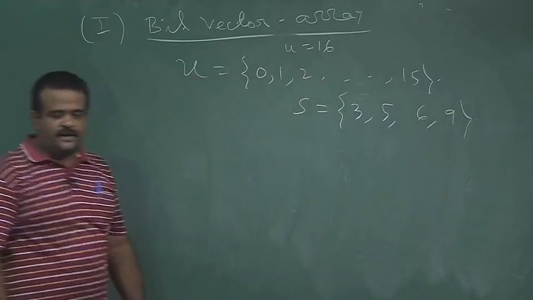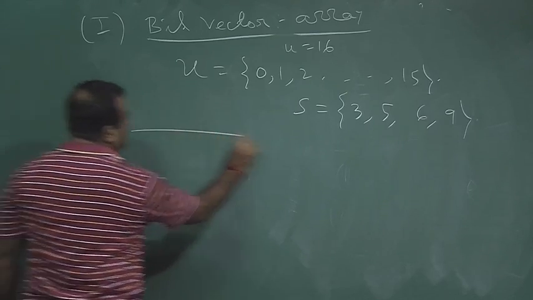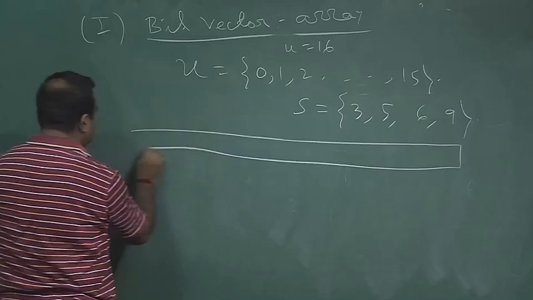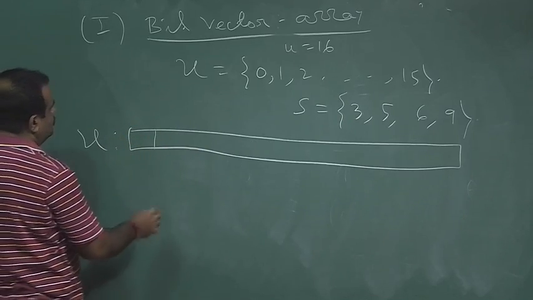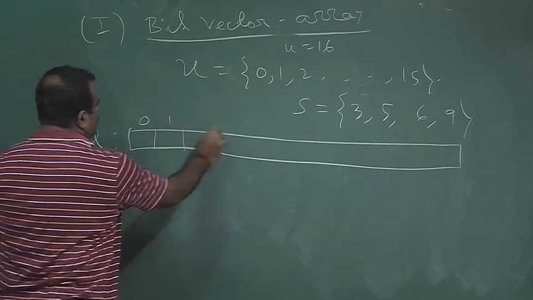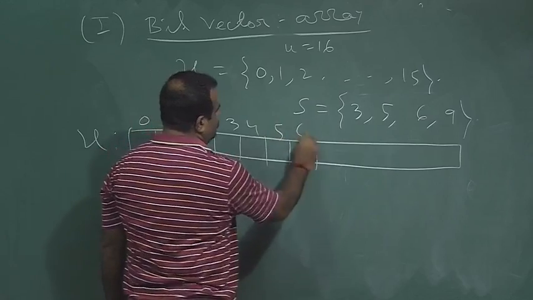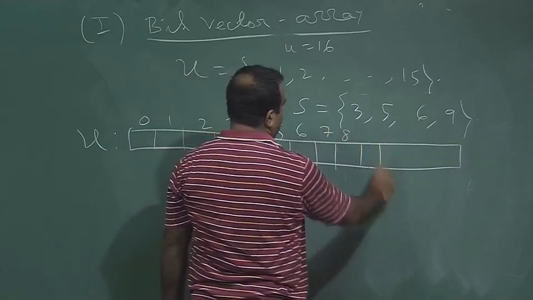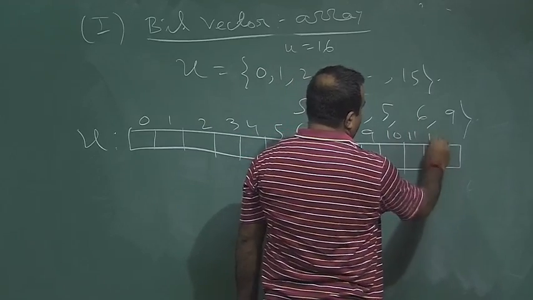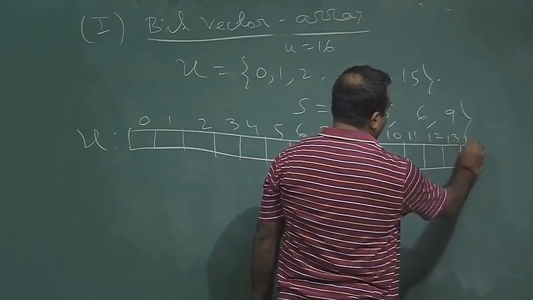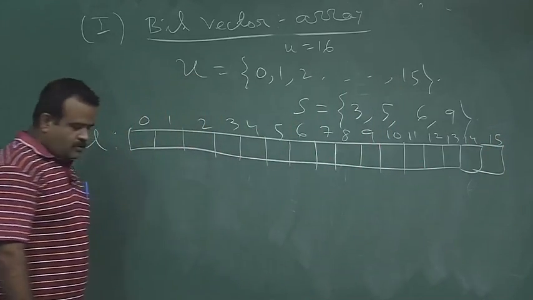Suppose at some point of time this is our set. What we do is maintain an array of size u, starting from 0, 1, 2, 3, 4, 5, 6, 7, 8, 9, 10, 11, 12, 13, 14, 15. So, this is the array.